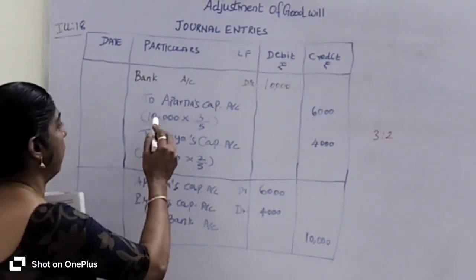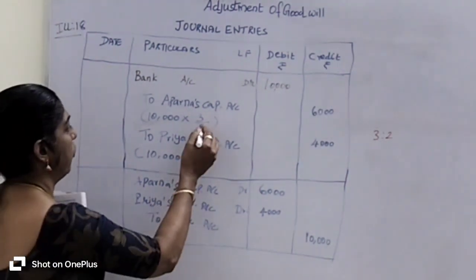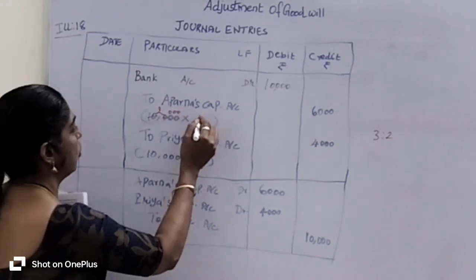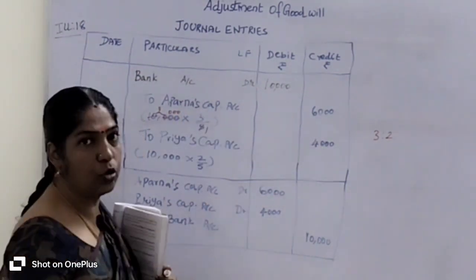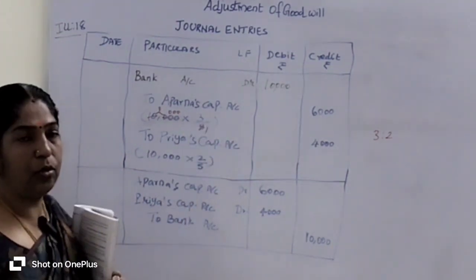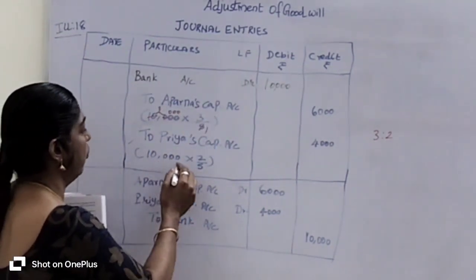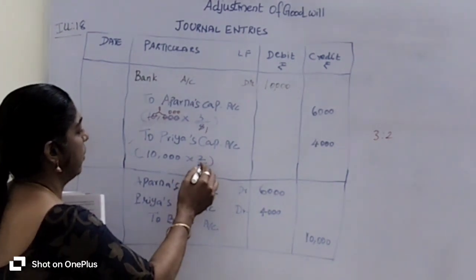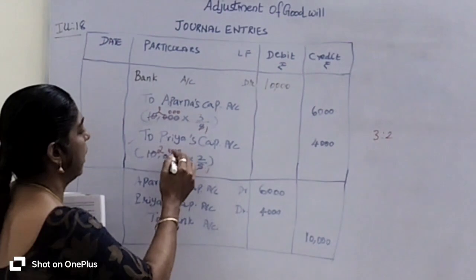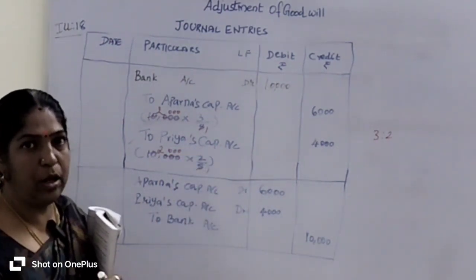First we are going to calculate 10,000 rupees for Aparna's capital account. So 1/5: 5 2s are 10, 0 is to be added here. 2,000 into 3 is 3,000 rupees. This share of goodwill goes to Aparna's capital account. Let's take Priya's capital account. 10,000 rupees goodwill for 2/5 means 1/5 is 2,000, into 2 is 4,000 rupees, which goes to Priya's capital account.